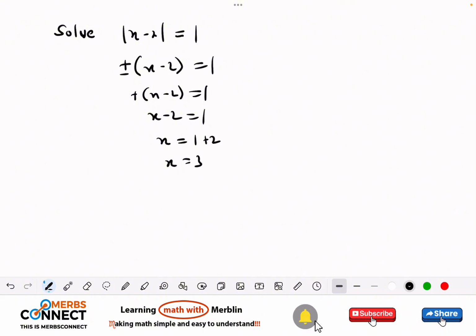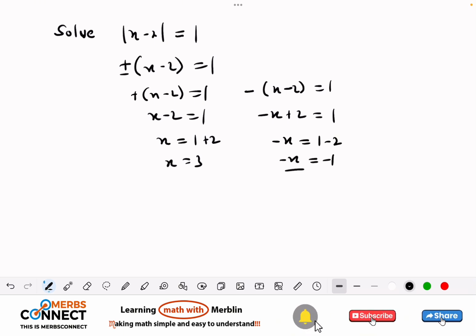That is one side. Then I'll consider the negative side, which will be minus x minus 2 is equal to 1. But here, when I distribute the minus, something happens. This one will be minus x plus 2 is equal to 1. So minus x will be equal to, I move the 2, 1 minus 2, minus x is equal to minus 1. I divide through by minus 1, and I have x equal to 1.